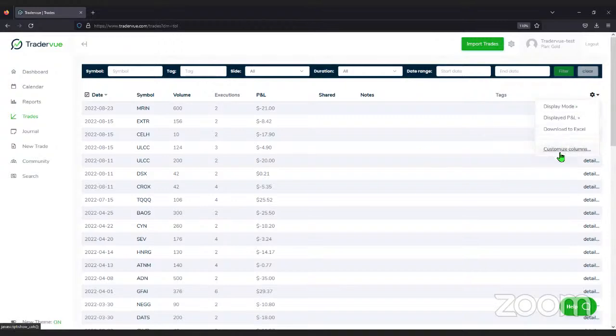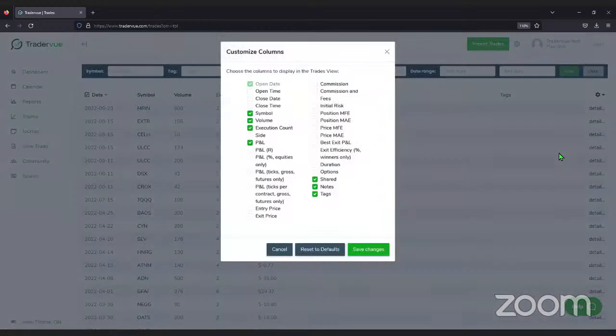And we have another option of customized columns. Here we can see that we can remove the different columns. The only one that we cannot remove is open date. But after that, we can add multiple columns, and you can customize this trade section according to what you think is most important to you.